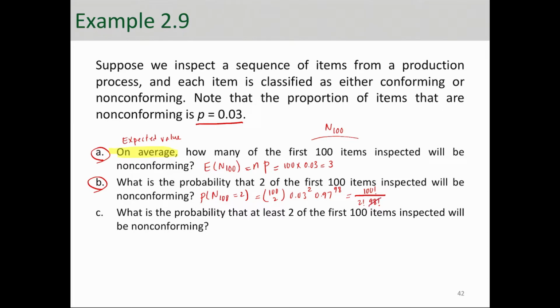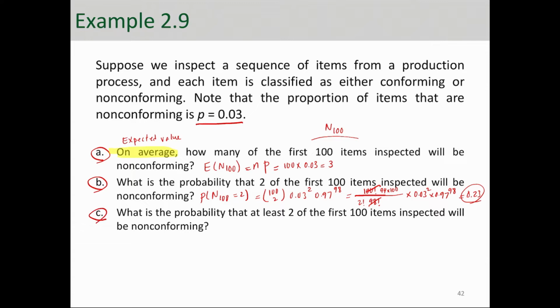Simplify by canceling these first, and then at the top you are left with 99 times 100. Just divide 9900 by 2, and that's what you're looking for. So that's the binomial coefficient times 0.03 squared times 0.97 to the 98. And when you do the math, you get 0.23, a 23% chance.